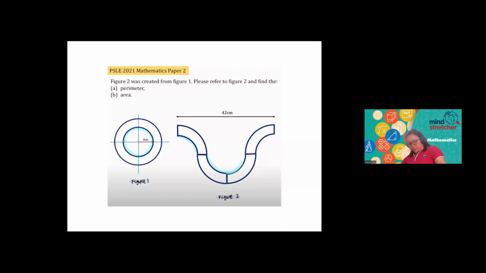Those who are able to solve all the AO1, AO2 questions and even unseen non-routine questions, that's how you differentiate yourself from the rest.